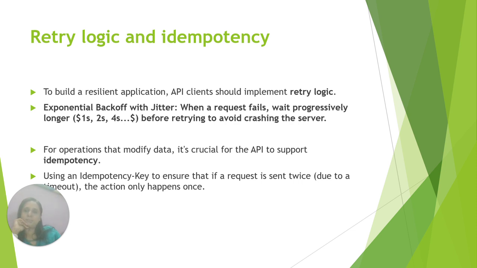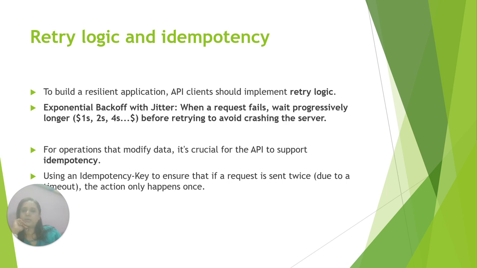To build a resilient application, the API clients should implement retry logic. So when a request fails, instead of retrying immediately, we have to wait progressively longer, and this uses the exponential backoff with jitter method. So that we wait progressively before retrying, and we avoid crashing the server.